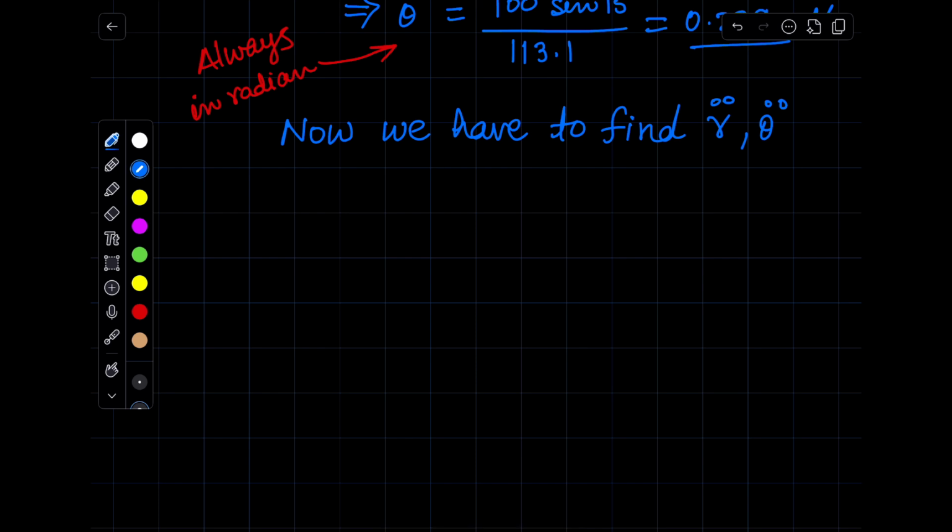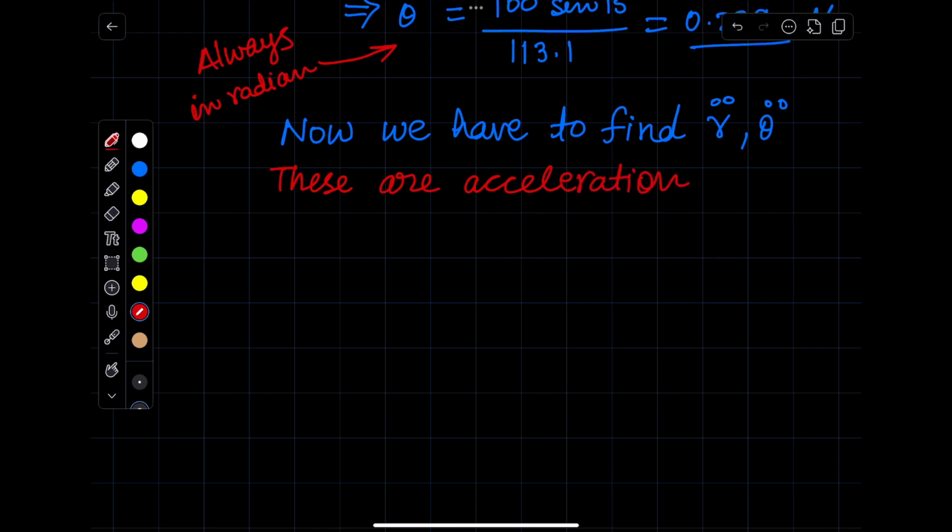Basically, these are two components of the acceleration. One acceleration component is A r in the radial direction, and another component A theta in the theta direction. So you can write A is equal to A r plus A theta. I am talking about the vector terms.